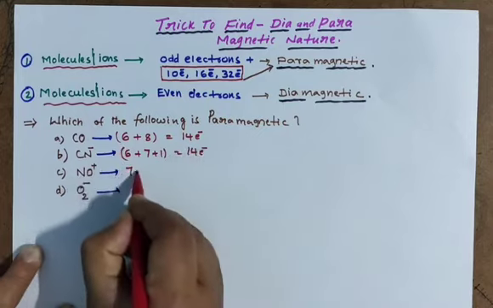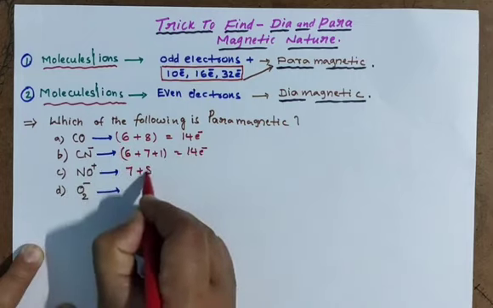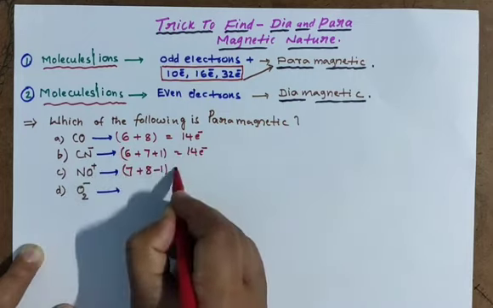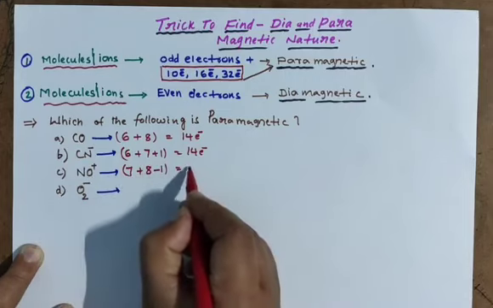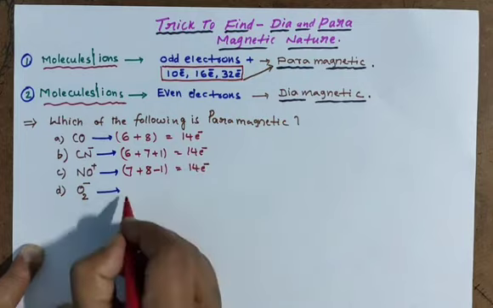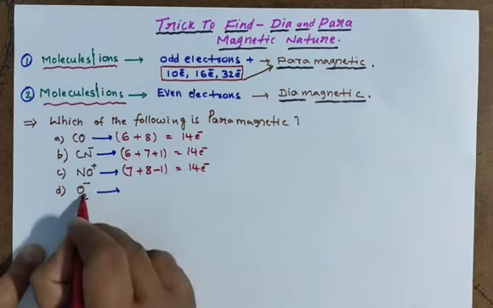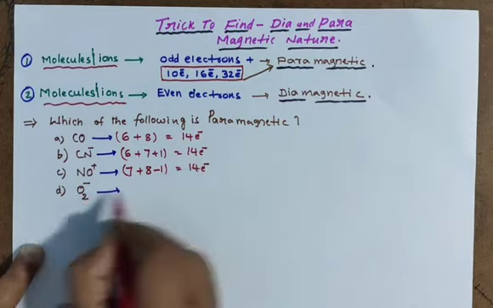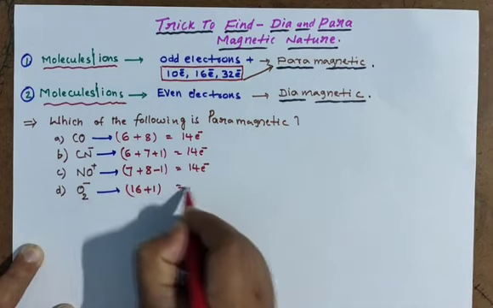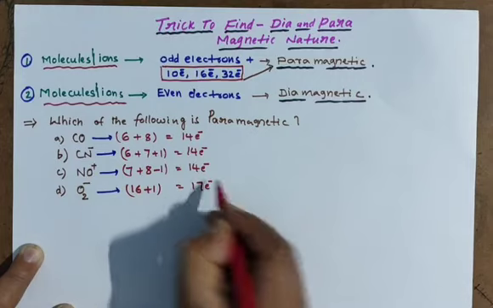Nitrogen 7 electrons, oxygen 8 electrons, plus means minus 1 we have to subtract, again we get 14 electrons. Oxygen, you know very well, 8 into 2 is 16, 16 plus 1 equals 17 electrons.